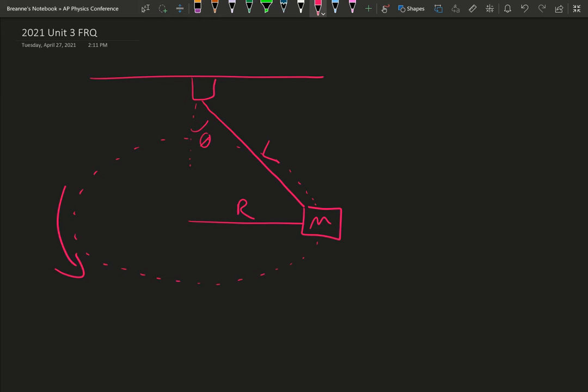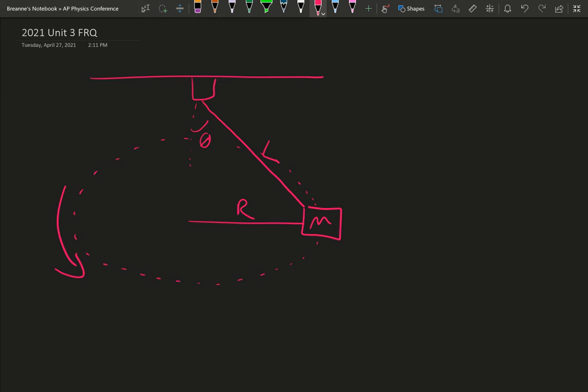A student wants to use the apparatus to make measurements to create a graph that can be used to estimate the acceleration g due to gravity at the surface of Earth. The student can adjust the motor to achieve different tangential speeds of the block.